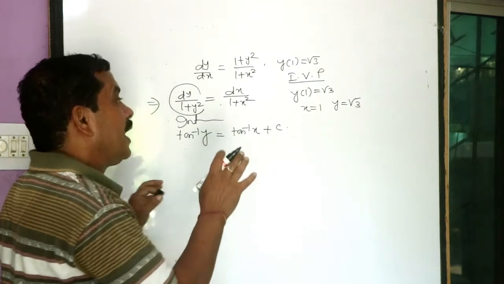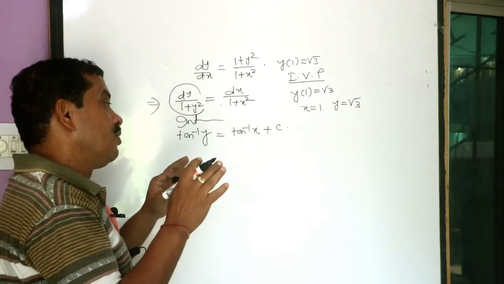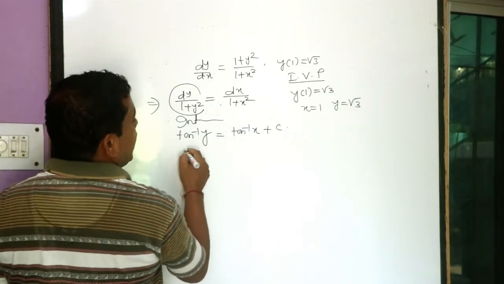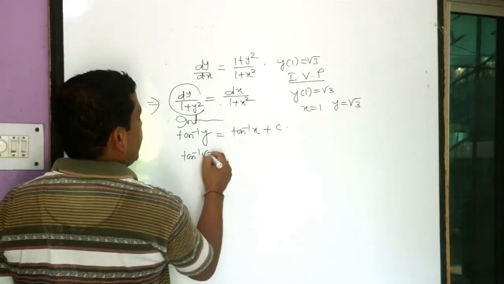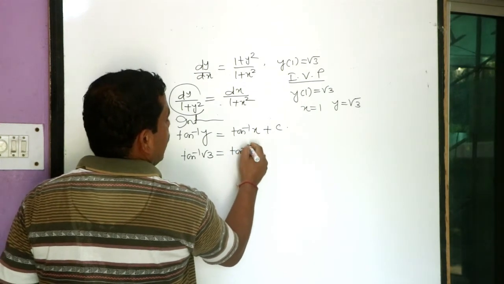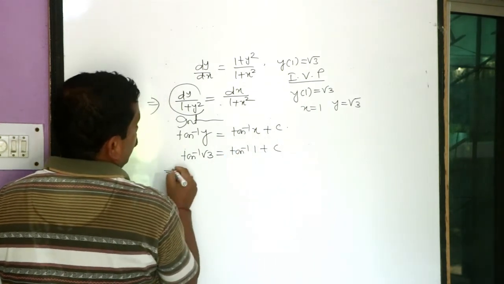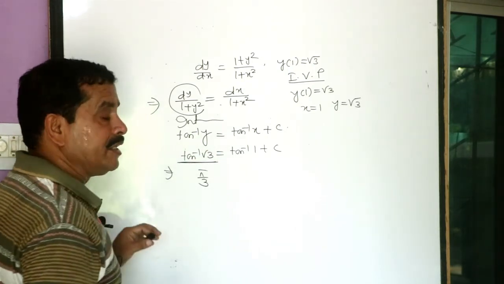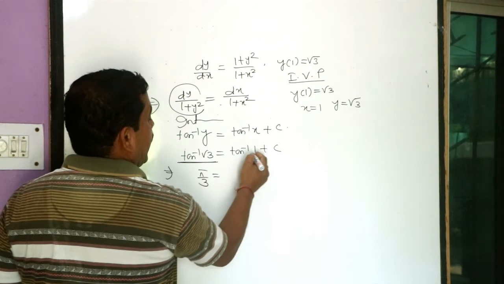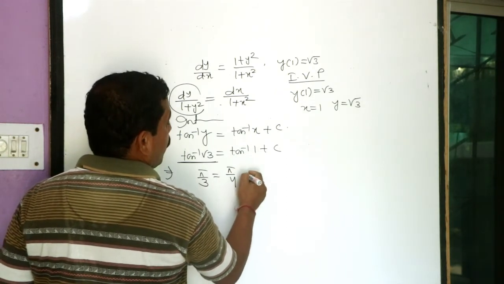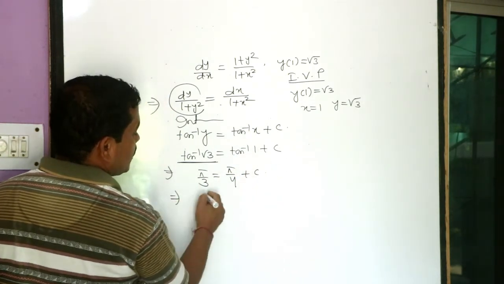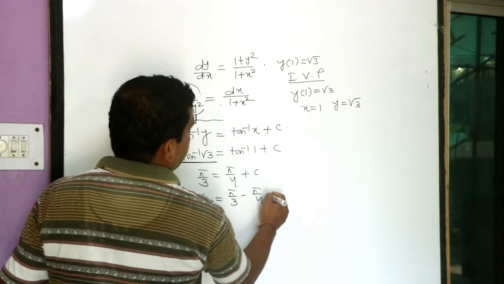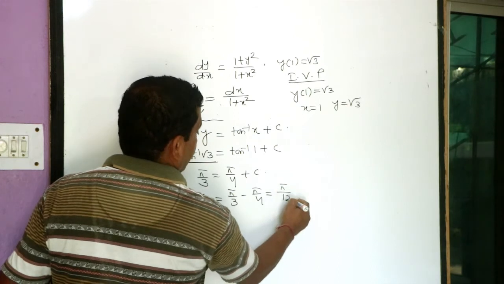First put x = 1 and y = √3, then find c. The left side is tan⁻¹√3 = tan⁻¹1 + c. We know that tan⁻¹√3 is π/3, 60 degrees, and tan⁻¹1 is π/4, so π/3 = π/4 + c. Then the value of c is π/3 − π/4, which equals π/12.